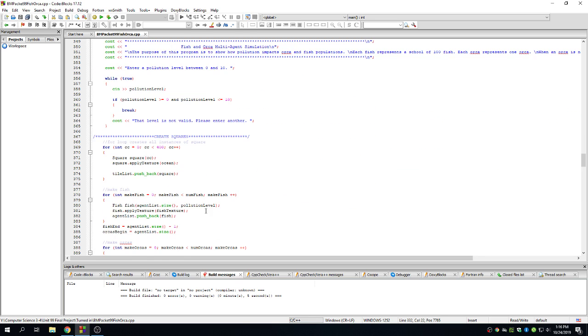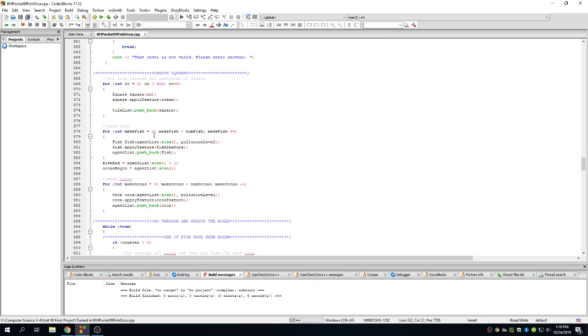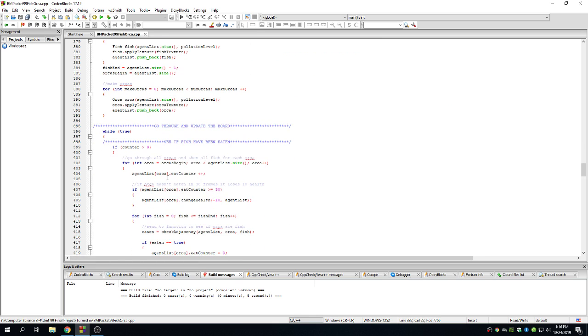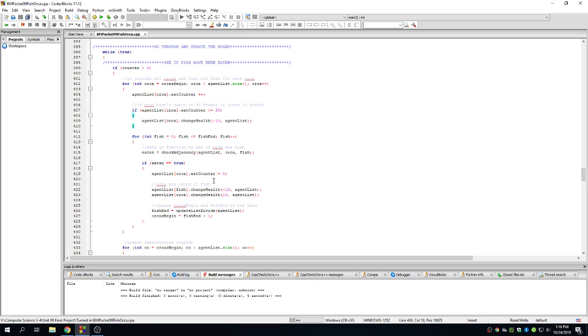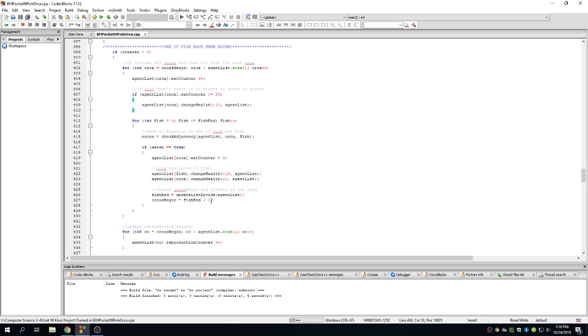So the user enters the pollution level, and then it creates the fish and the orcas. It goes through each frame, it goes through all of the orcas and sees if they've eaten in the last 30 frames, because if they haven't, that's how they lose 10 health. And then it'll see if an orca ate a specific fish, and then that fish loses 10 health because 10 fish have died.